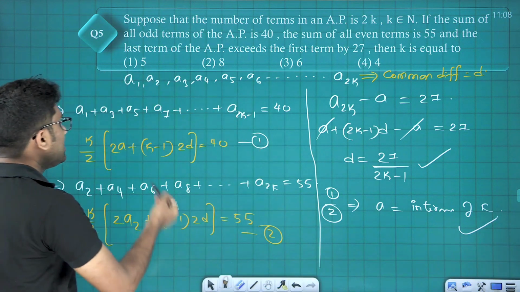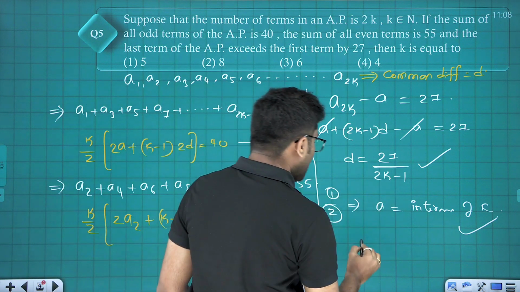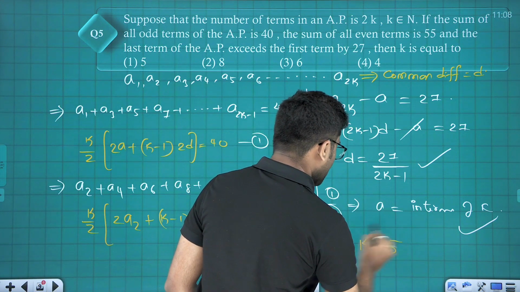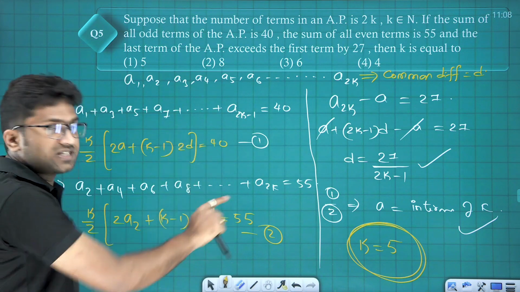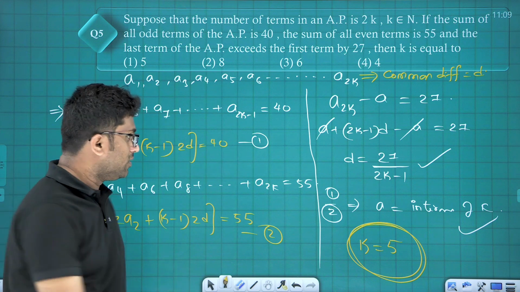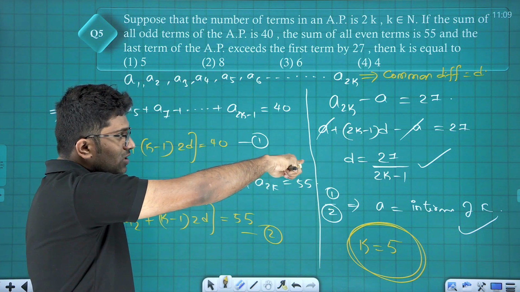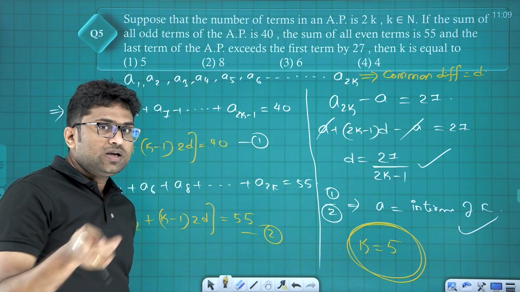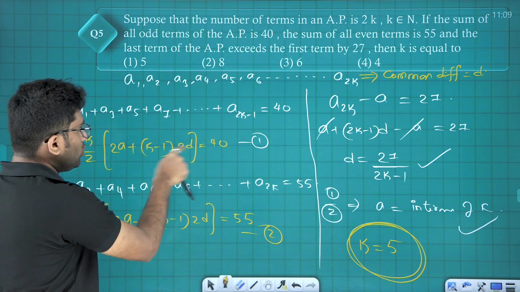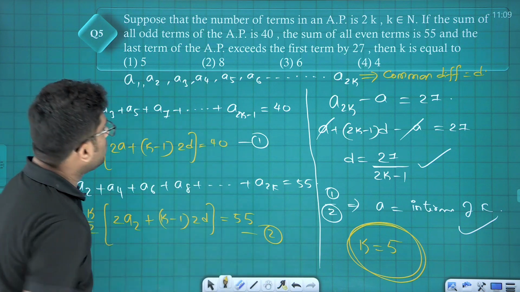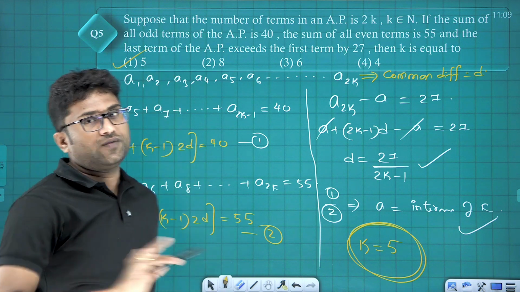Substituting a and d in any one of the equations, we'll get k equal to 5. I'm doing it directly due to time constraint, so I have just given the approach. The approach is simple: we do equation 1 by 2, substitute d equal to 27 by 2k minus 1, then we get a in terms of k. That a and d in terms of k we substitute in equation 1 or equation 2, and from there we will get the value of k equal to 5.